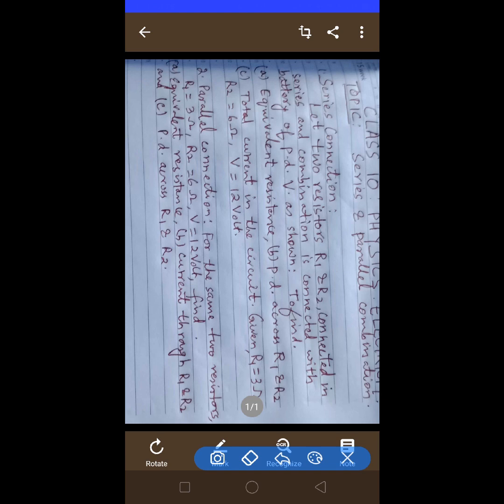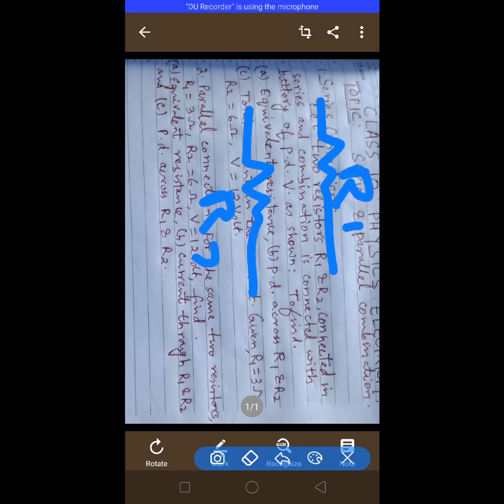For parallel combination, two resistors R1 and R2 are connected in parallel, so we made like this. So start of resistor R1 and start of resistor R2, start terminal and end terminal of resistor R1 and end terminal of resistor R2.